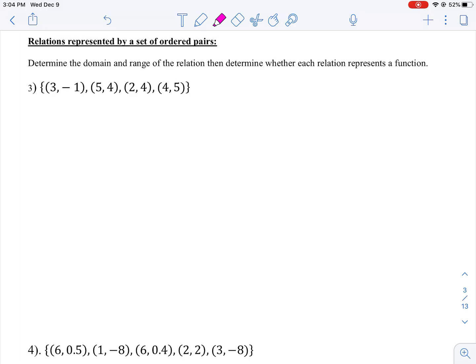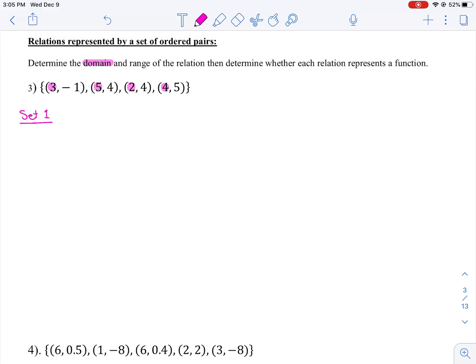All right. So in the first example, there are exactly 4 ordered pairs in the relation. And I'm going to determine the domain first. Now the domain consists of all of the elements in set 1. And in this case, set 1 consists of all the elements that are listed first in each ordered pair.